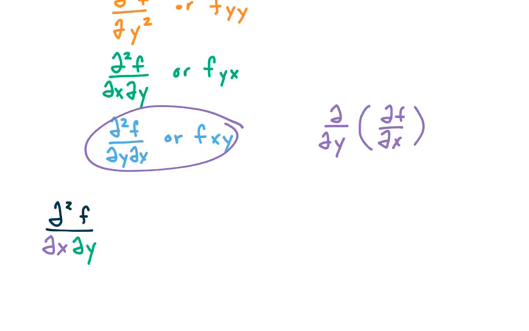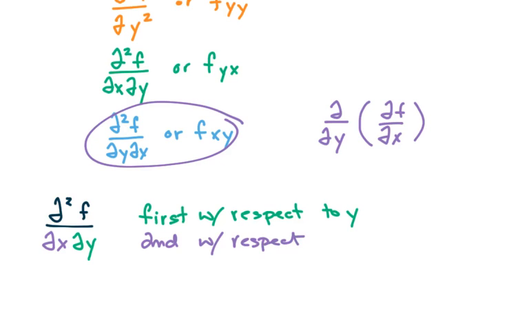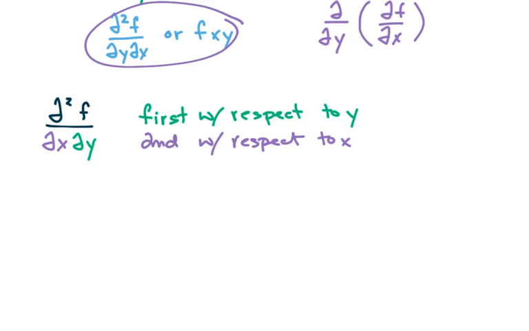That means differentiate first with respect to y, and second with respect to x. So that's what this notation means. Up here, this is first with respect to x and then with respect to y. So think about an inside-outside situation.